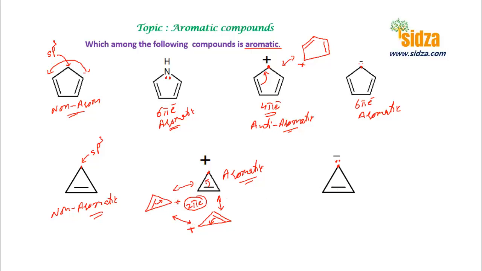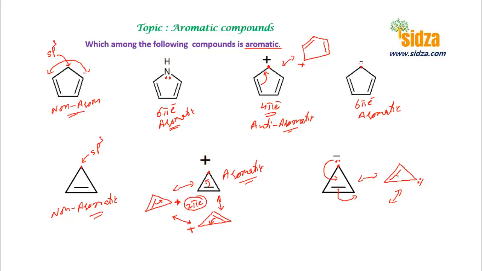The only difference is rather than a positive charge you will have a negative charge here, and the flow of electrons will be opposite, correct? You can say if this electron goes down here and this will be over here, right? If this forms a double bond here, then you can draw a resonating structure like this. A double bond will be formed here, and this pi electron will shift to this carbon. So you can draw another structure also.